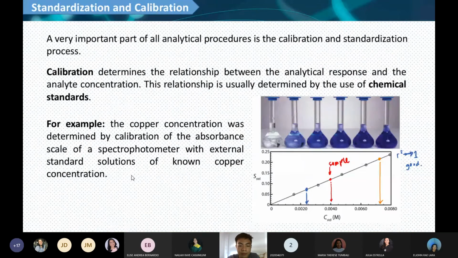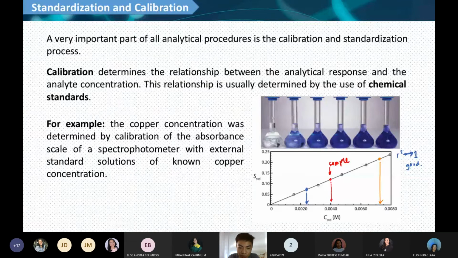So after you have your sample, then you should have your standard and your calibration curve. So ano yung meron dito? 'Di ba, babasahin mo na yung sample mo. So when you're reading your sample, you have to compare it with a standard, no? What is a standard? That is a solution of known concentration.